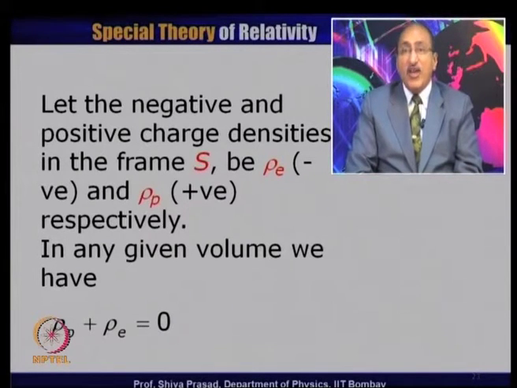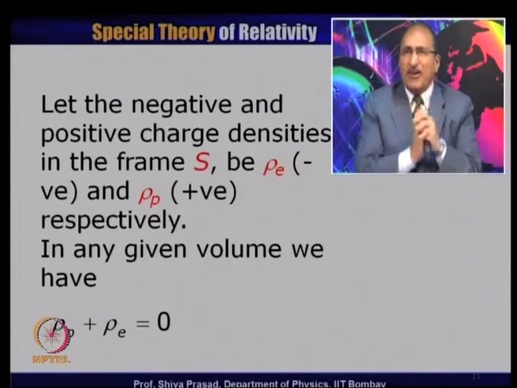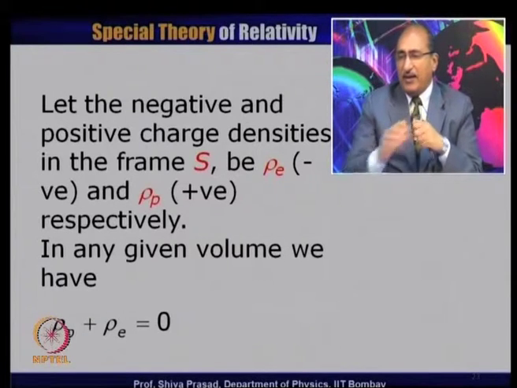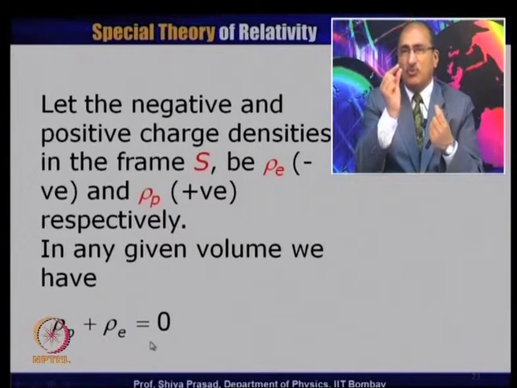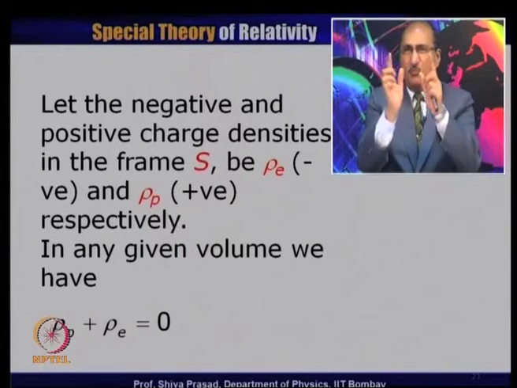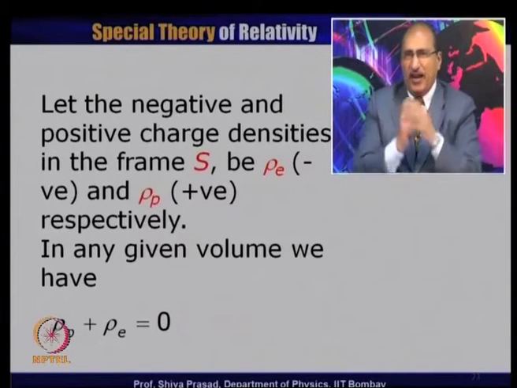And because we are saying that there is no electric field in this particular frame of reference, I expect that if I take any small unit volume, necessarily an infinitesimally small volume, you will always find that rho P plus rho E is equal to 0. So, there is no charge density in a small volume which you take along the wire. I am not writing in the differential form, because that is not the idea.